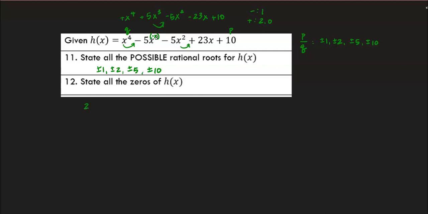So let's go ahead and let's do 1, just to see how it works. 1, -5, -5, 23, and 10. 1, 1, -4, -4, -9, -9, and that's going to be a 14.